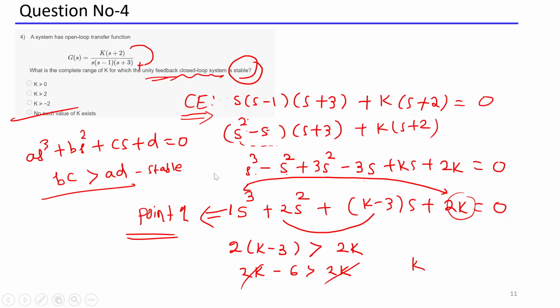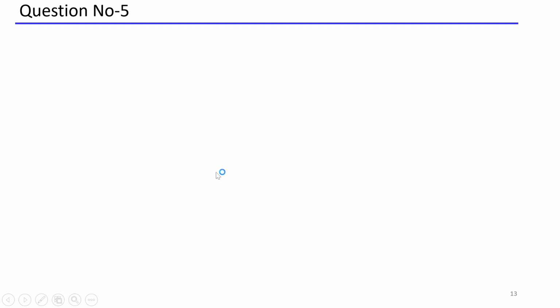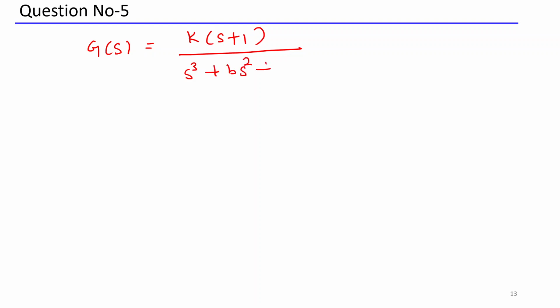Let me give a question. Let's say I'm writing g of s equal to k into s plus 1 divided by s cube plus bs square plus 3s plus 1. A unity feedback system is given.